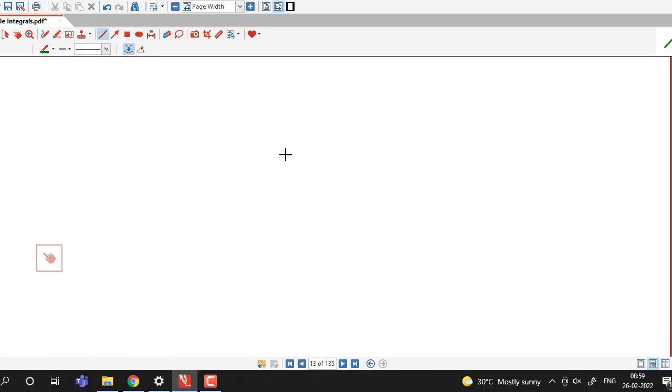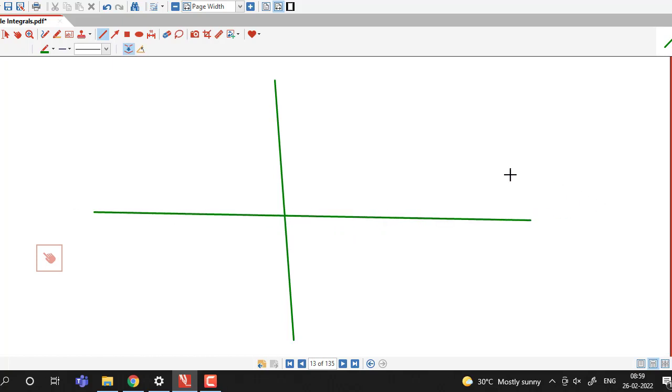If you recall the equation x square minus y square equal to 1, we know that the rectangular hyperbola will be in this form.